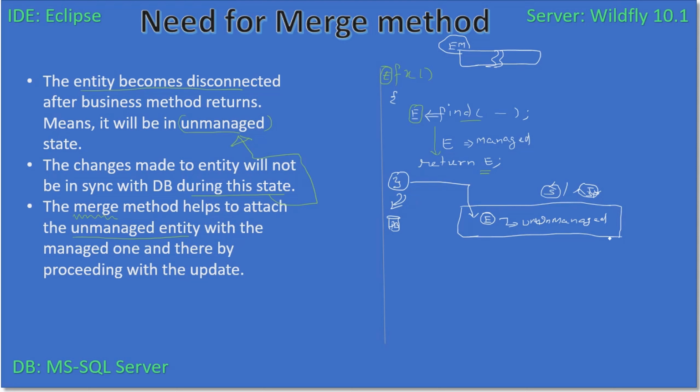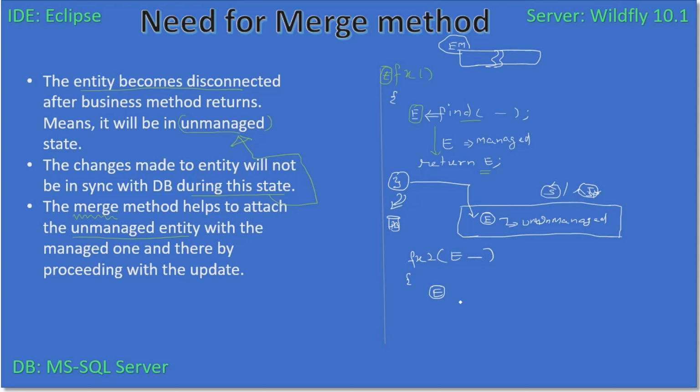Now let's say we have one more function in the same bean, let's say fx2, which is receiving this E as an entity. This entity will definitely be in the unmanaged state.